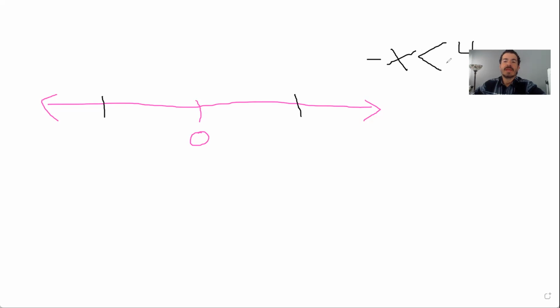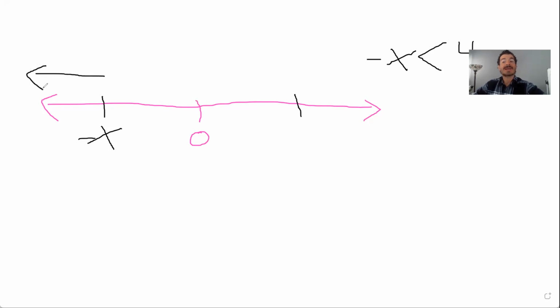Remember, when we're reading an inequality sign, we read it from left to right. So if the pointy side is to the left, we say less than. If the pointy side is to the right, we still read it left to right, and it's greater than. So here's negative x, and it is less than 4.